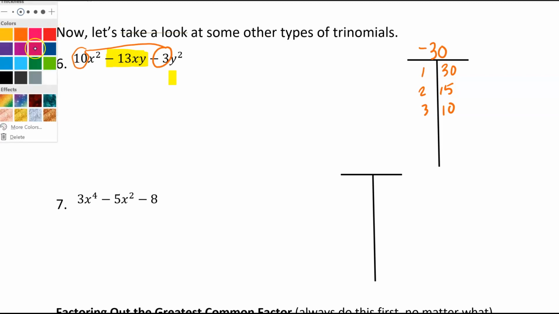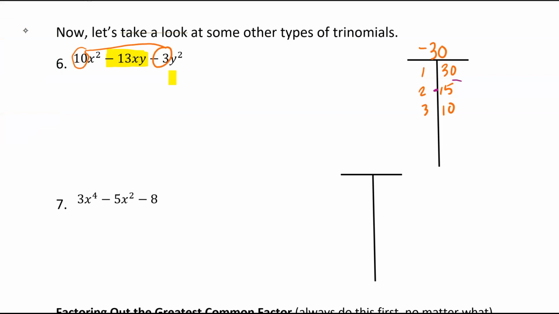Well, let's try a negative 15 and 2, because when you multiply this, you get the negative 30 you want. But when you add it, you get the negative 13 you want. So when we rewrite this, we have 10x squared. In the middle, we needed to add up to be negative 13xy, right?